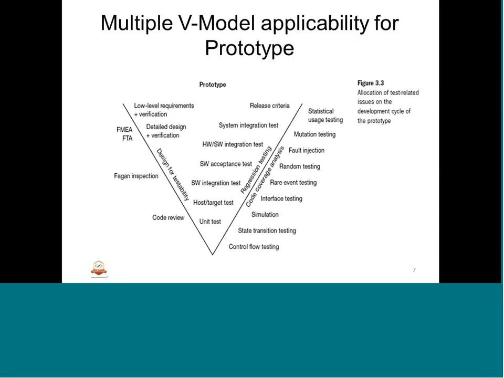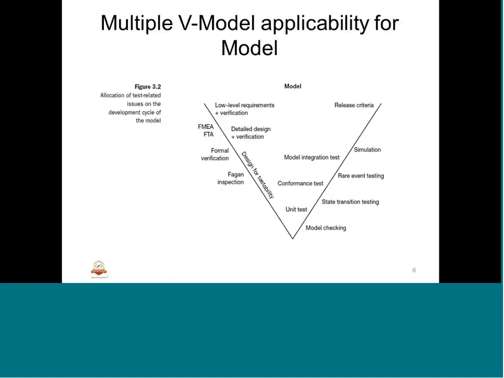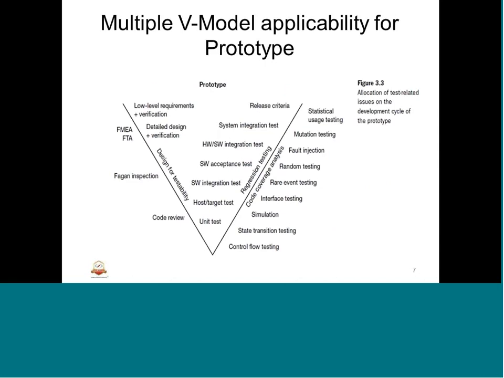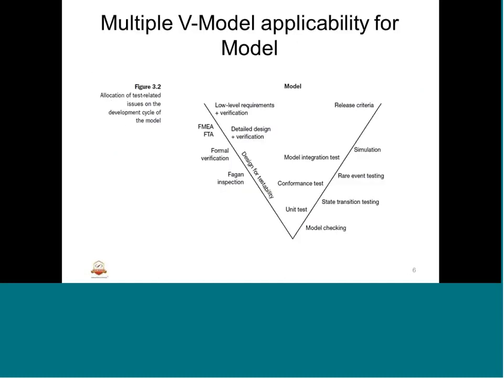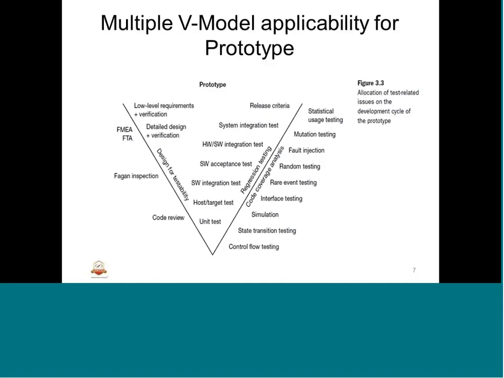Another one is V model applicability for prototype. What are the categories that we can use for prototyping V model? Here again, outside the V, we have techniques in terms of FMEA, FTA, peer inspection, code review.